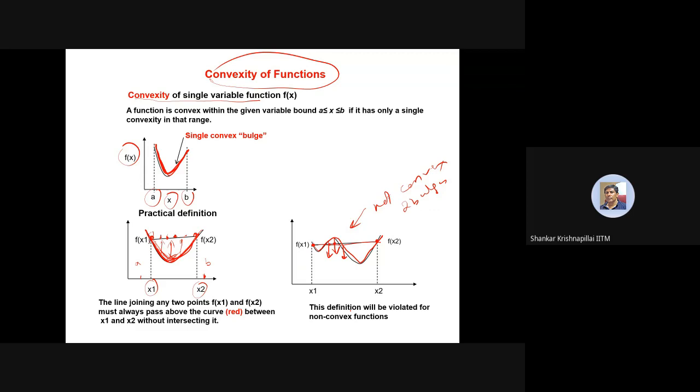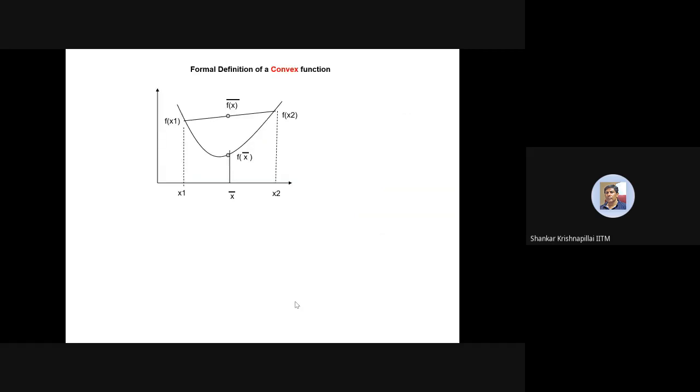So this is a good definition, helpful in detecting non-convex curves. Then there is a mathematical definition of a convex function given in the textbook. We'll just look at it, although it is not necessary to study this for the exam.